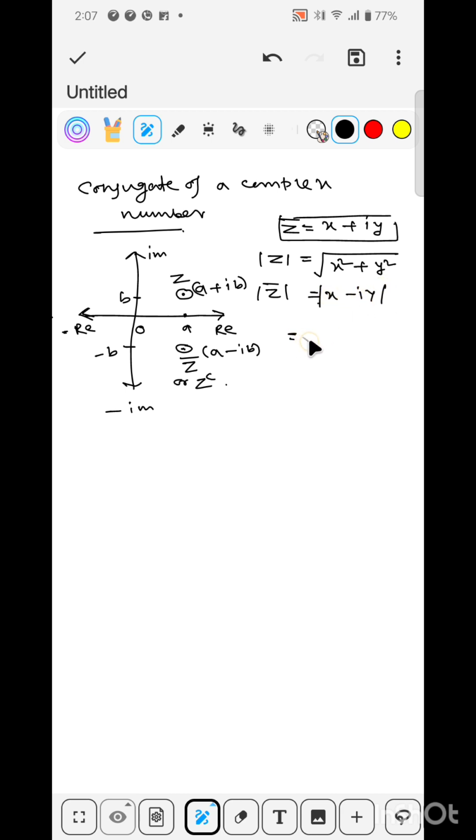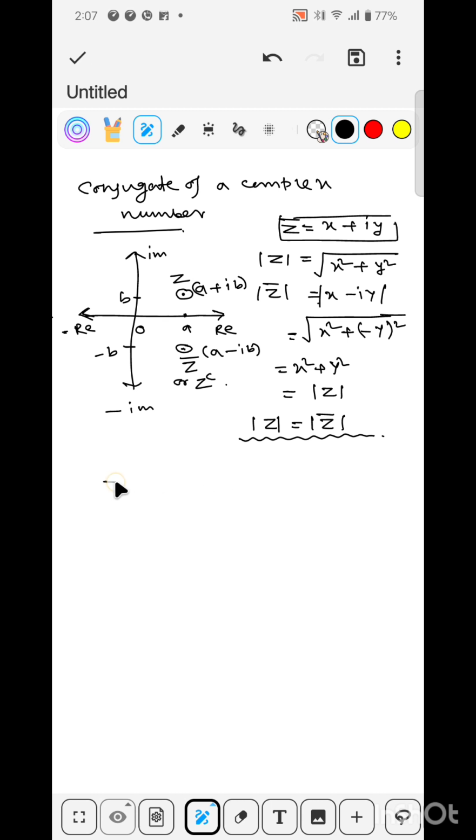Here the real part is x, but the imaginary part is minus y, so minus y whole square, that is equal to x square plus y square, that means modulus z. So modulus z is equal to modulus of z bar. It is a very important property.